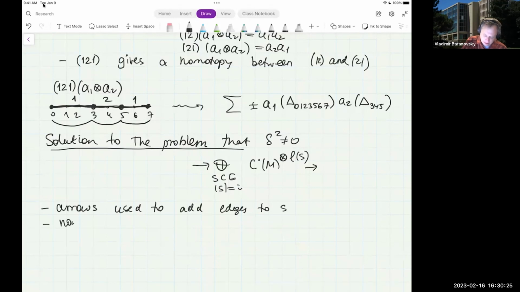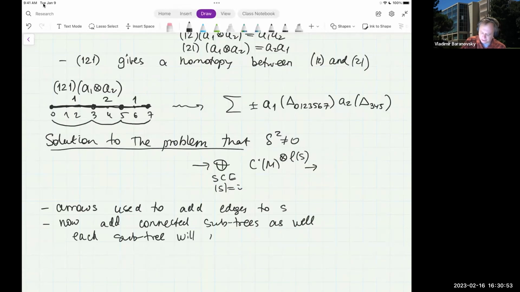So we now add connected subtrees of G as well. And then each subtree will generate a McClure and Smith operation.